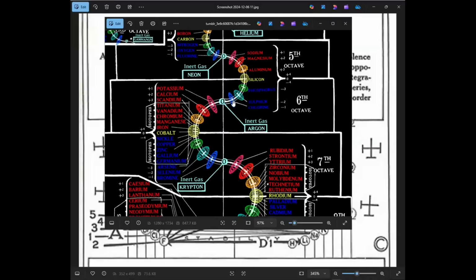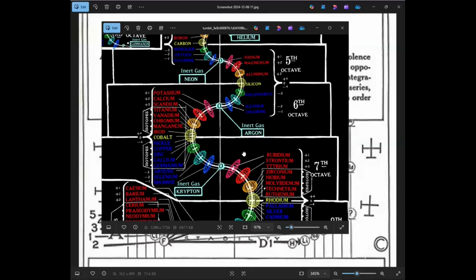But now we go up an octave to bromine. That's also -1, but it's in a higher octave. So it's -1 and sodium is +1, so they'll still get together, just not as willingly.